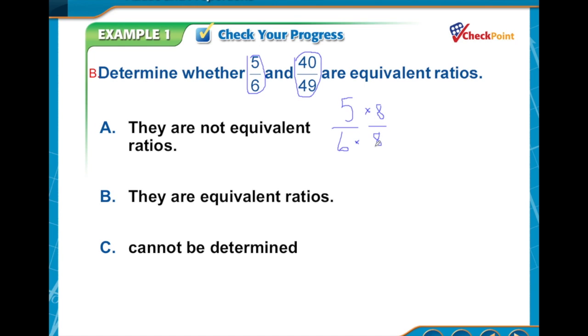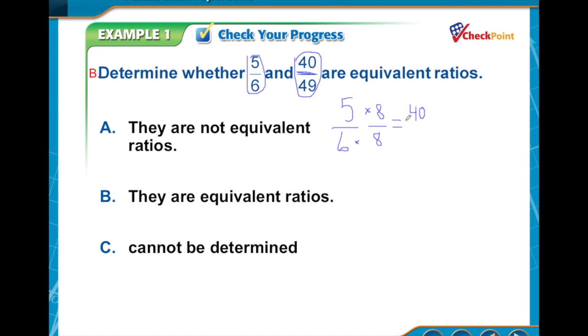So if I multiply the top and the bottom both by 8, I'm really just multiplying by 1. 8 over 8 is 1, but we want to try to rewrite this and see if we can get this 40 over 49 to show that they're equal. So 5 times 8 I know will give me 40, which is the numerator we see here. So that's okay. We look like we might be able to get there.